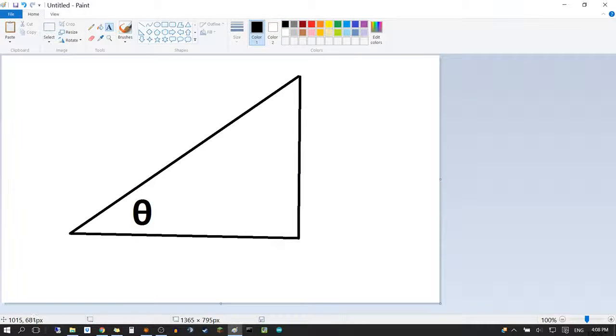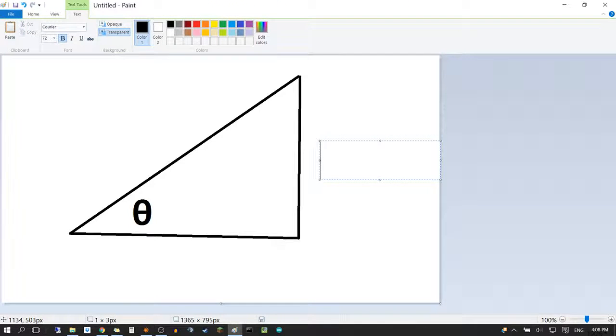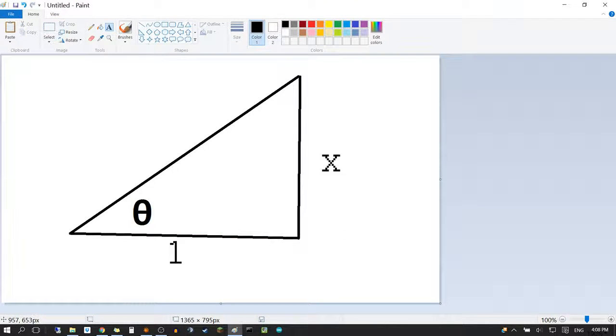That looks really nice. So we have a theta there, and we know that tangent of theta equals x. So that means that the opposite side divided by the adjacent side is equal to x. A little bit of a mismatched font here, but that's fine.